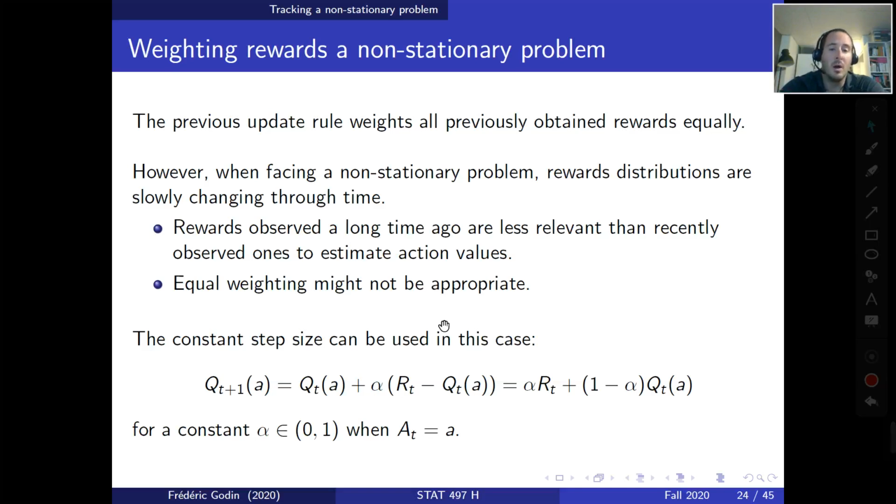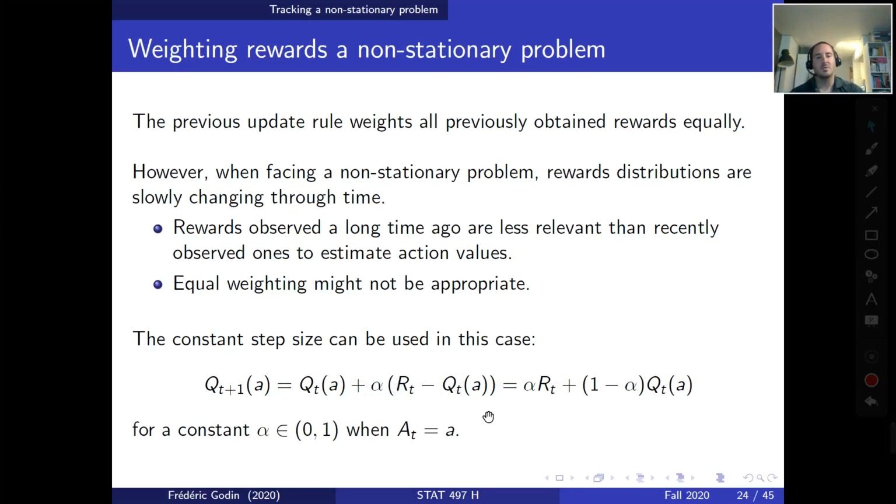We will see shortly that if we use a constant step size in the previous formula, the formula becomes: new estimate of expected reward of A is the previous estimate plus the constant step size times the reward, which is the target, minus the previous estimate.